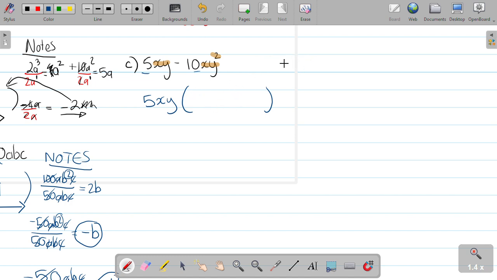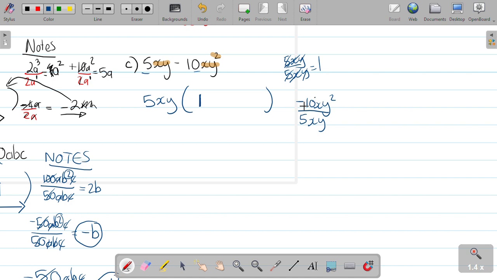So we take the 5xy divided by 5xy. Oh, look at that. It's the exact same. Everything cancels with each other, which gives me 1. So 1 will be left over. And then we take the last term, minus 10xy squared over 5xy.